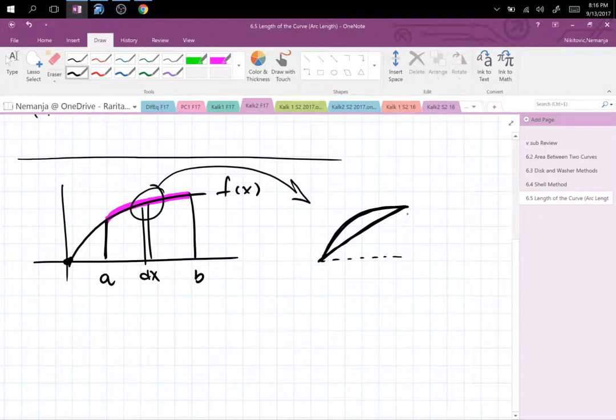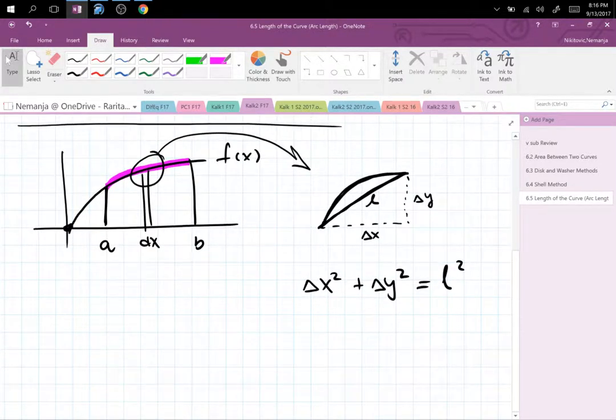And then this part here would be our delta x, delta y, and this is L. So we know that delta x squared plus delta y squared is that L squared that we are looking for. So how much is L? L is going to be the square root of delta x squared plus delta y squared.